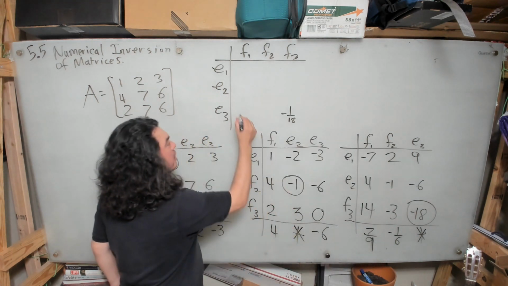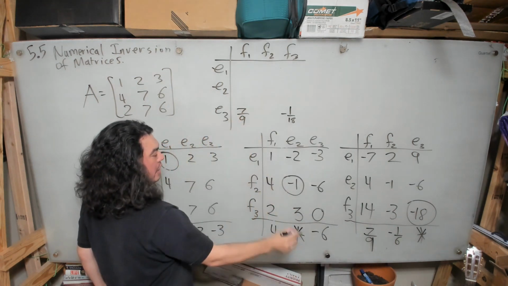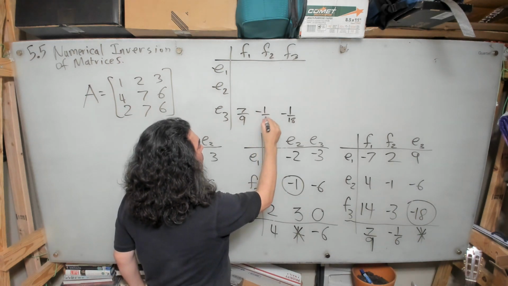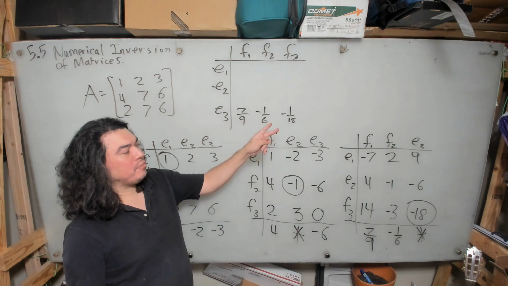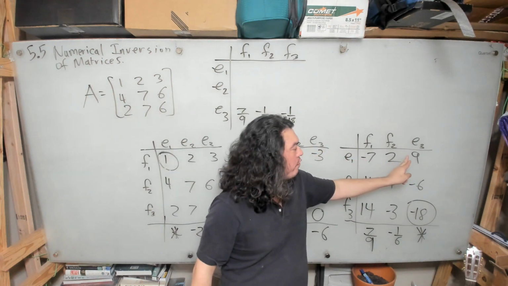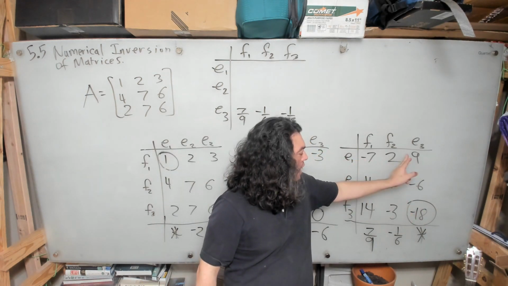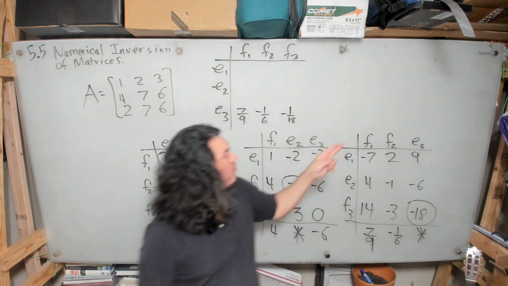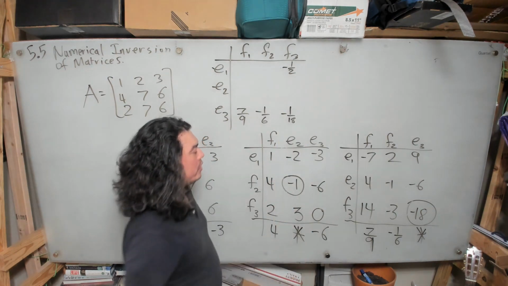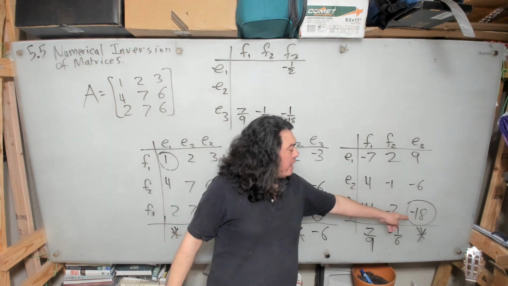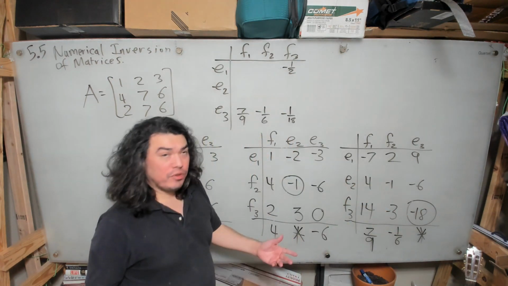So in this case, 7/9 and -1/6. The rest of the pivotal column will be replaced by the coefficient divided by the pivot. So 9 divided by -18 is negative 1/2. Negative 6 divided by negative 18 is positive 1/3.